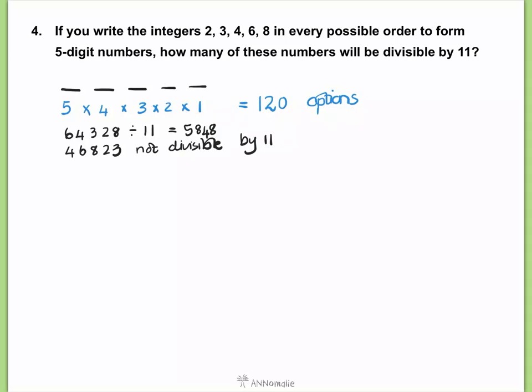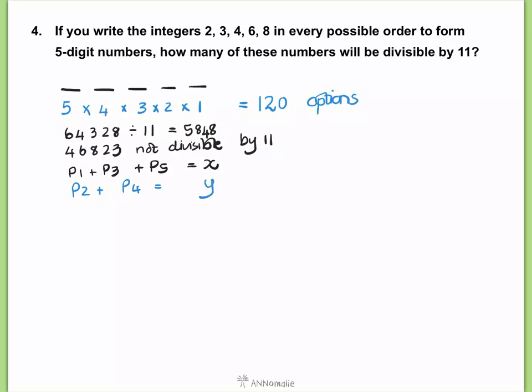So in this case, if I look at the alternate numbers, let's say that the number in position 1 plus position 3 plus position 5, let's say that total is x. And then the numbers in position 2 plus position 4, let's say that's y.